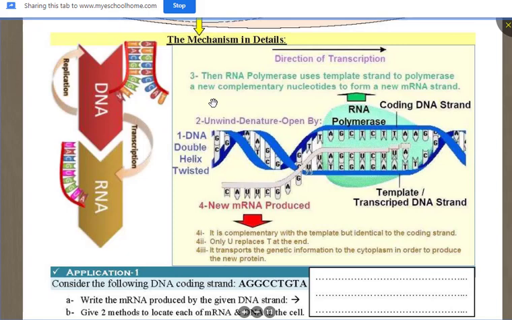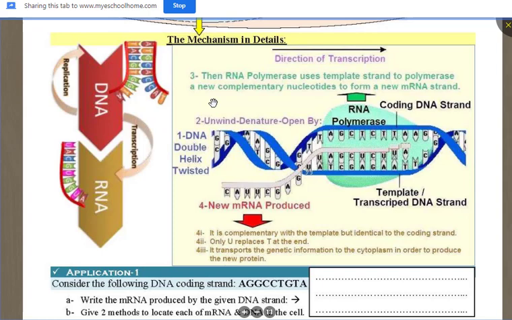Okay, now as you can see here, we have steps with numbers. The numbers tell me what happens step by step.